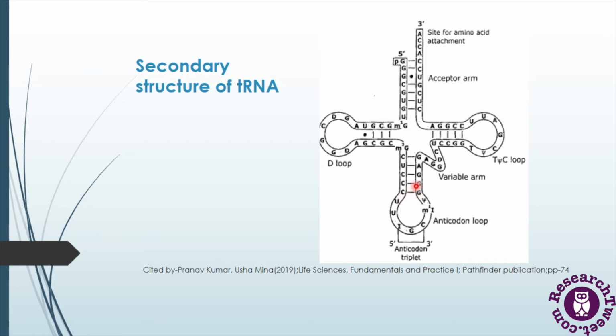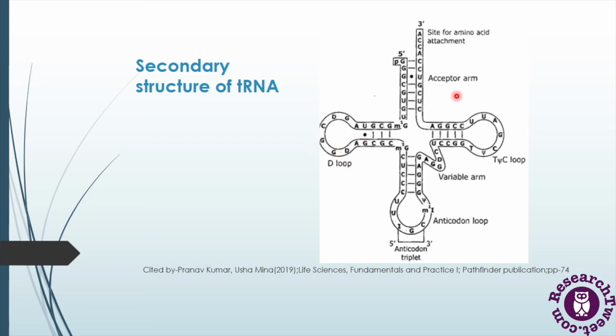This is the diagram where we can see the single-stranded tRNA molecule, which has 3' and 5' ends, but it resembles a double-stranded molecule due to the bonds between the base pairs. Now we can see the acceptor arm, TΨC loop, variable loop, anticodon loop, and the D loop of the structure of tRNA.